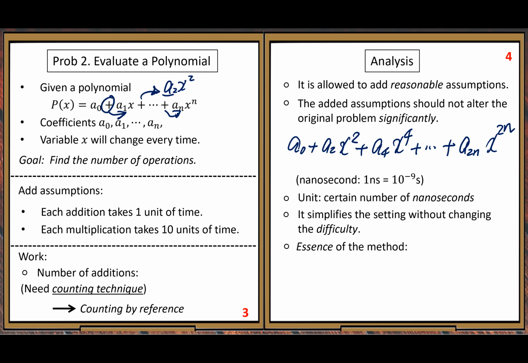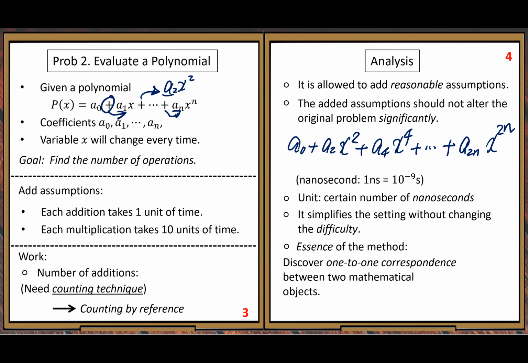All right, so the essence of this method is that you need to discover a one-to-one correspondence between two mathematical objects. The first mathematical object, plus sign. The second mathematical object, subscript.